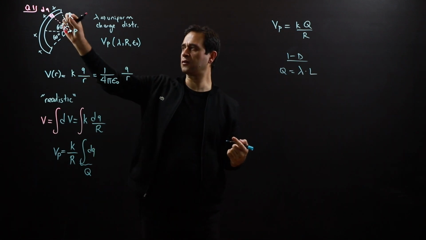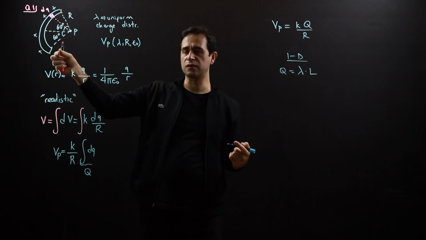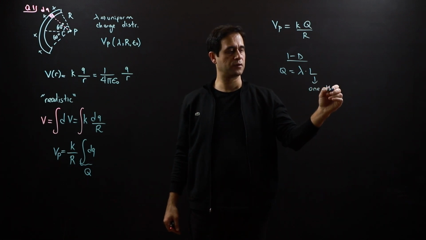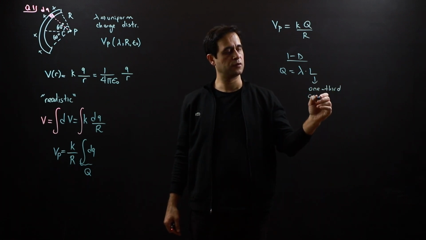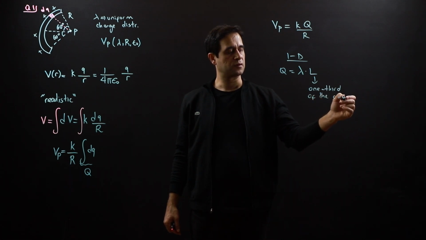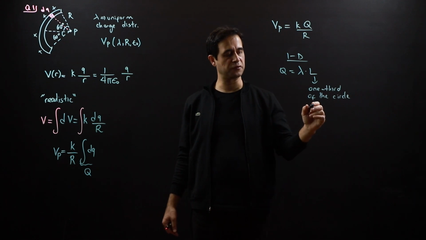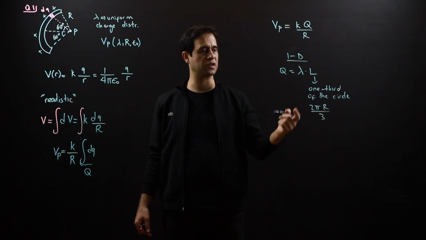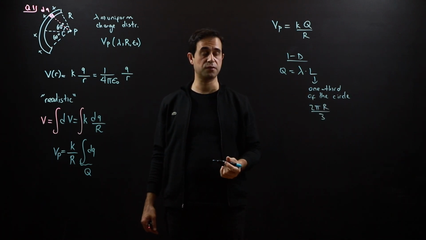What is the length here? The length is the total length, and it's 1/3 of the circumference of the circle. If it had been a full circle, it would be 2 pi r, but it's not a circle, it's 1/3. That's why we get lambda times 2 pi r divided by 3.